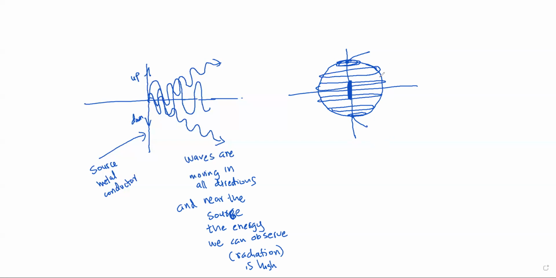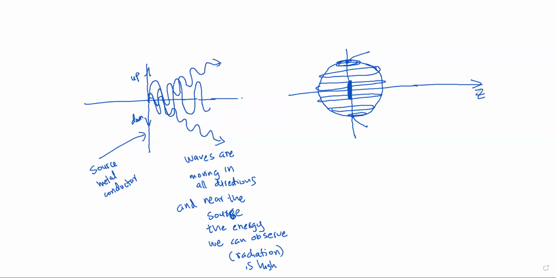So based on the electric and magnetic fields that are generated, the radiation energy will change on top of this sphere, and the energy reduces as we move along, let's say, one axis.